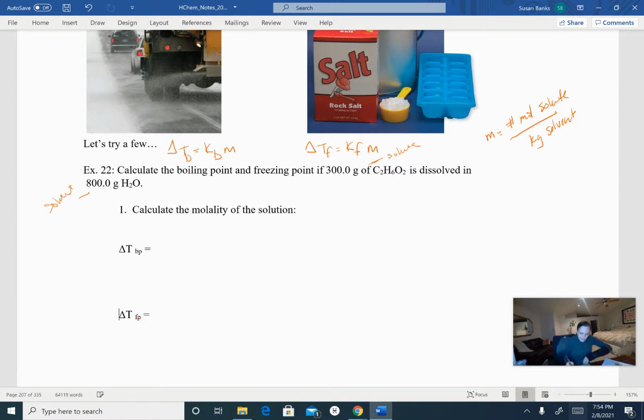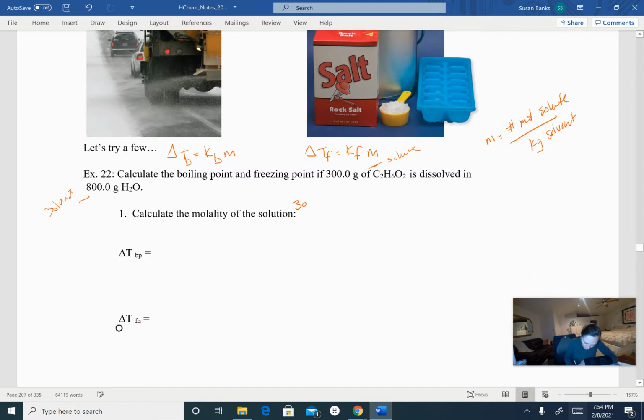So we've got 300 grams of C2H6O2, and I need to get that into moles. And I have 800 grams of water, and I need to get that into kilograms. So the first thing I've got to figure out is how many grams of C2H6O2 are in 1 mole of C2H6O2.